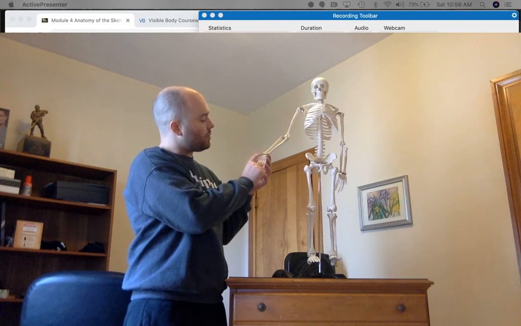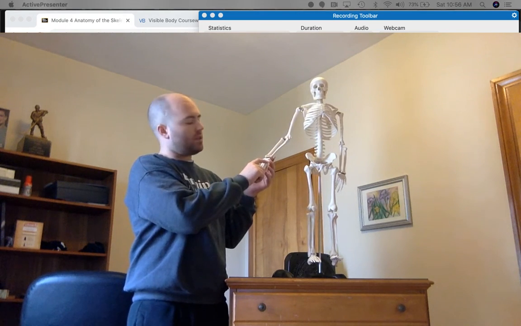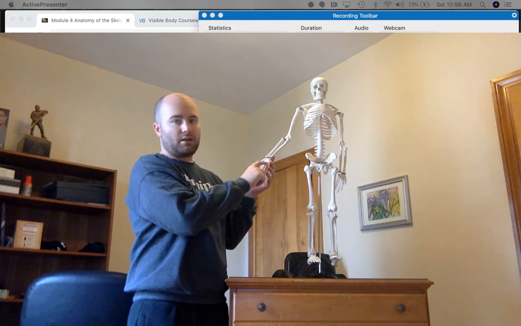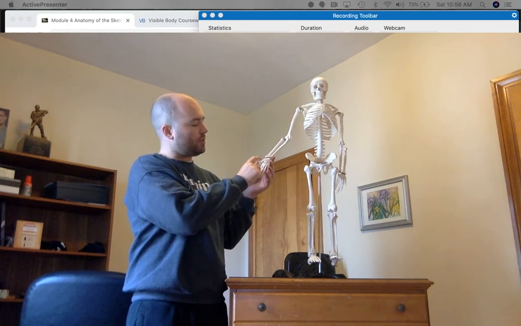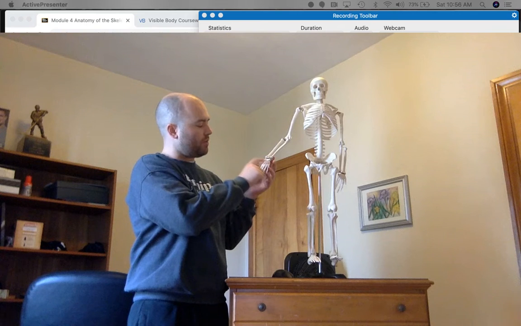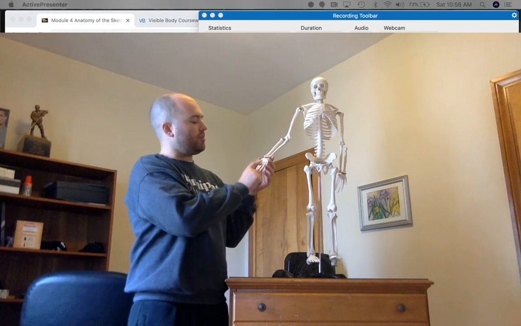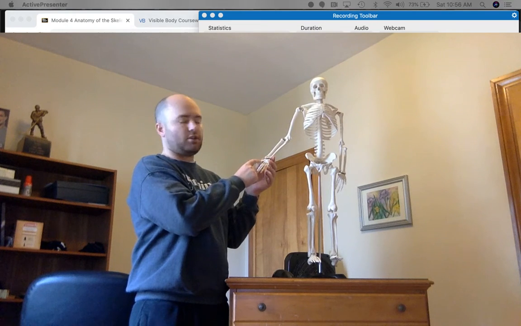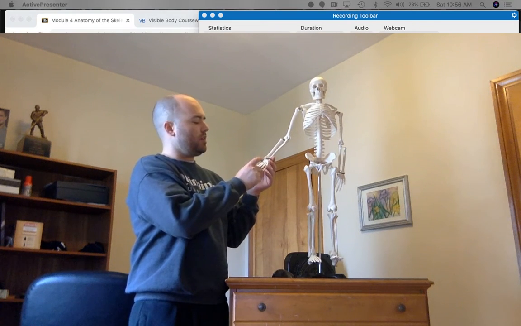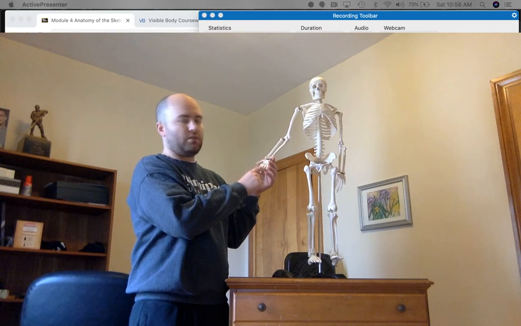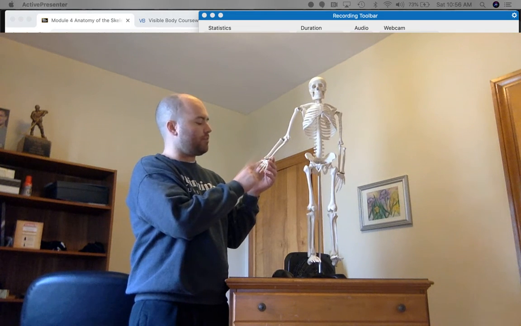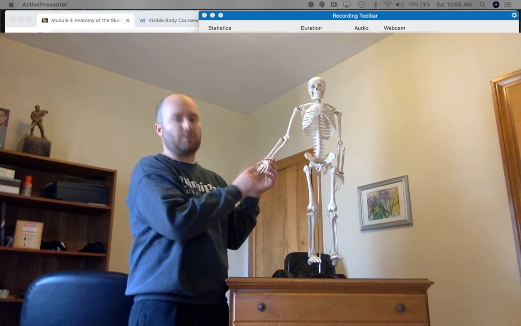And then more distally than the carpals, we have the metacarpals. Labeled from the thumb to the small finger, first, second, third, fourth, and fifth metacarpals. And then we have the phalanges. The thumb has a proximal and distal phalanx, and then the second through the fifth fingers have proximal, middle, and distal phalanxes.